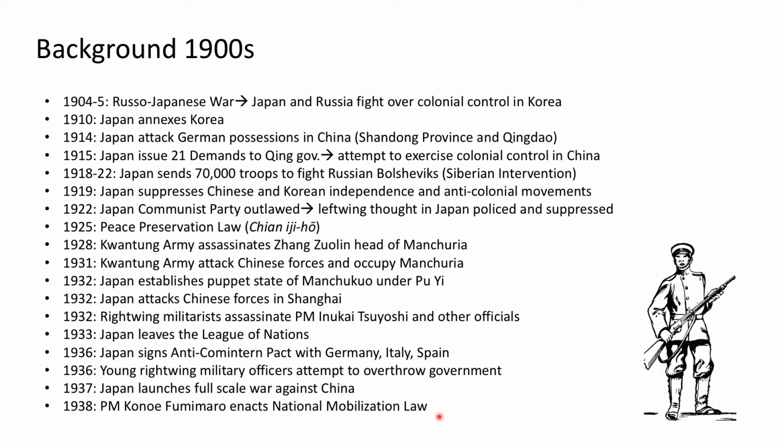In fact, human labor was an essential part of maintaining this. In 1941, Japan declared war on the US, the UK, and the Allied powers. And this would be the start of the Pacific War.